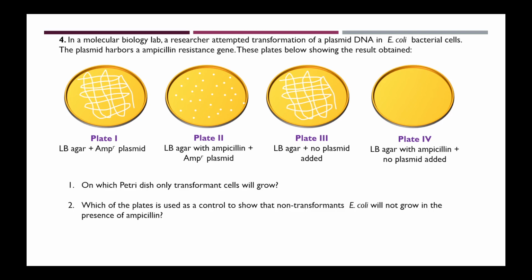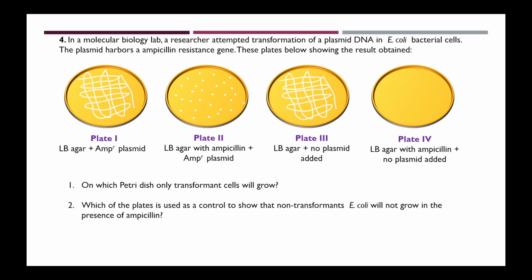So here are the 4 plates where a transformation has been performed in E. coli bacterial cells, and the plasmid harbors an ampicillin resistance gene, and these are the results obtained after the transformation. So first plate here is normal LB plate without antibiotic, and where this ampicillin resistance plasmid is transferred and plated.